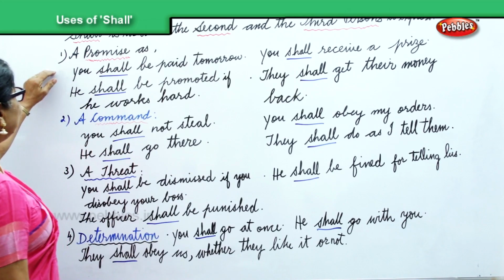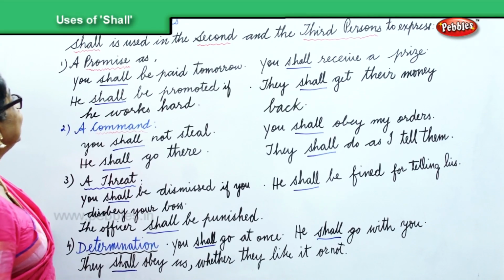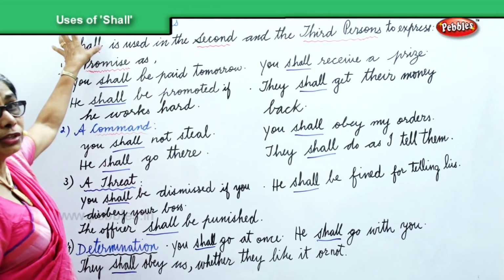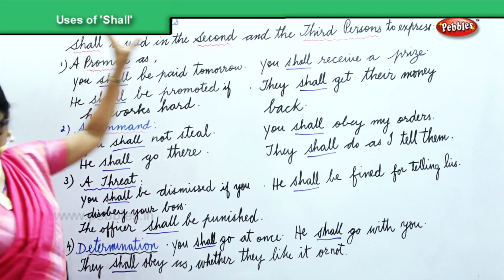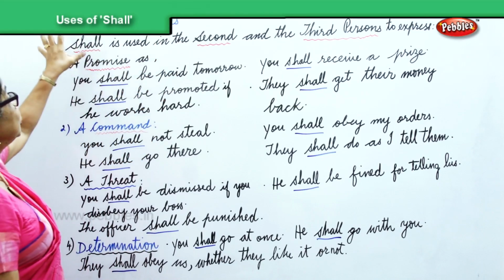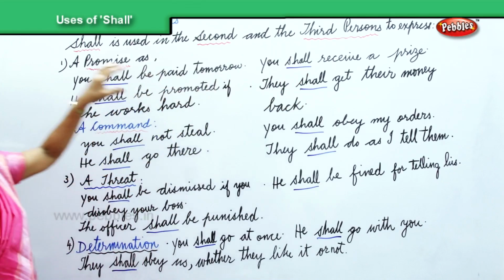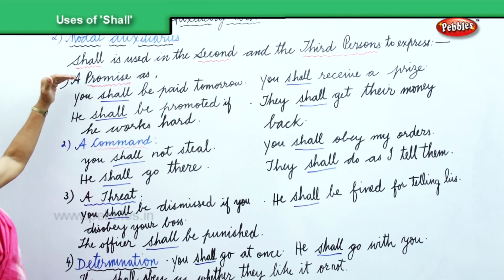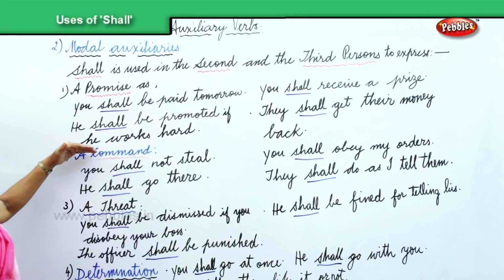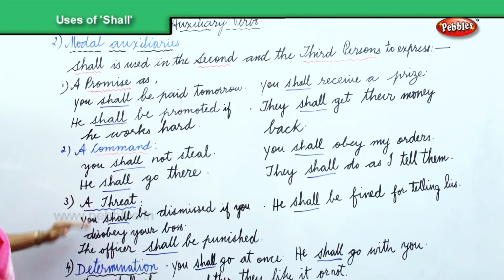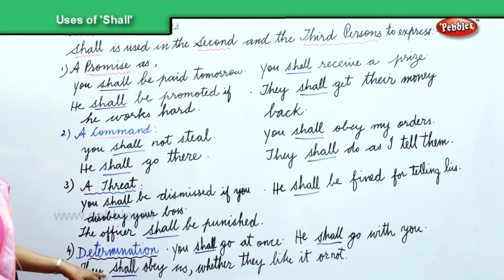Now, we are looking at the modal auxiliaries. We got four different categories in the usage of shall. Shall is used in the second and third person to express one, a promise, second, a command, third, a threat, and finally, determination.